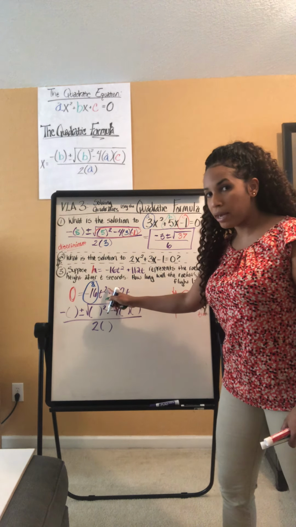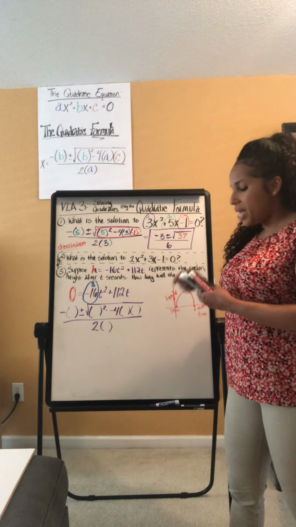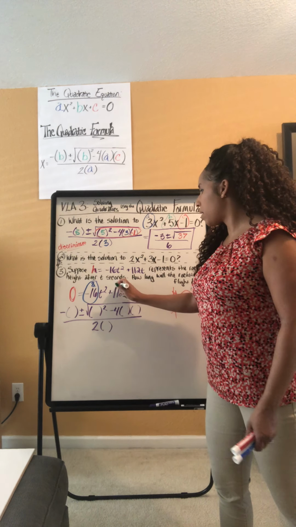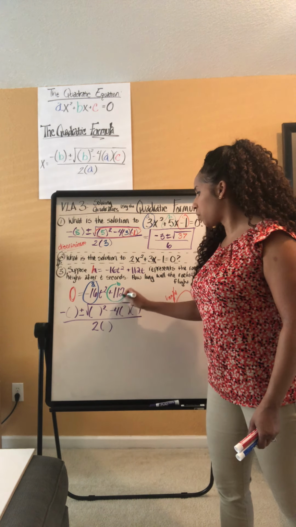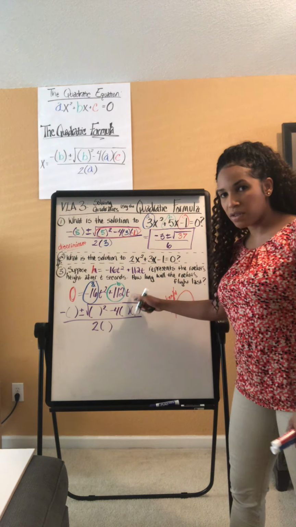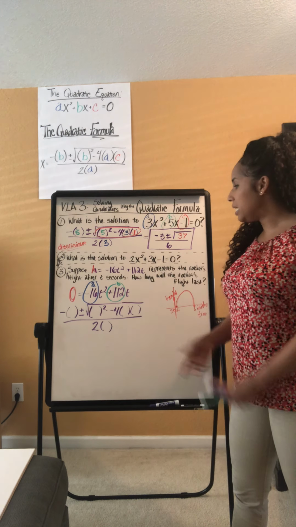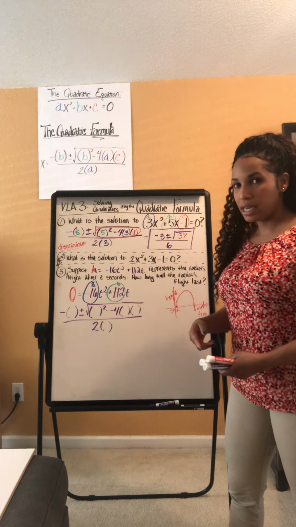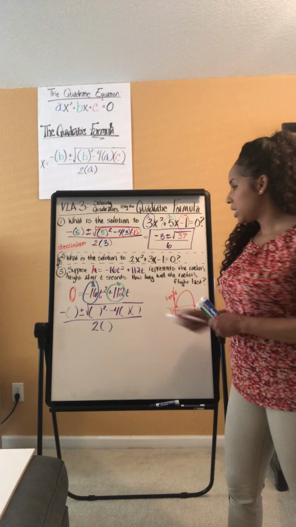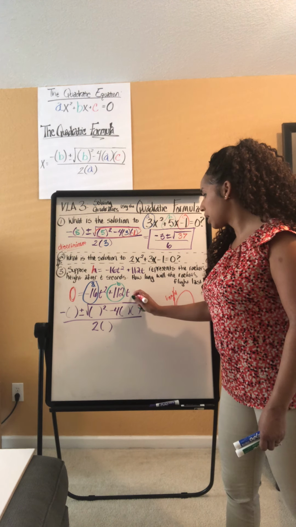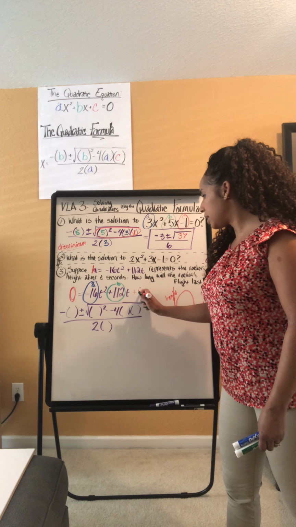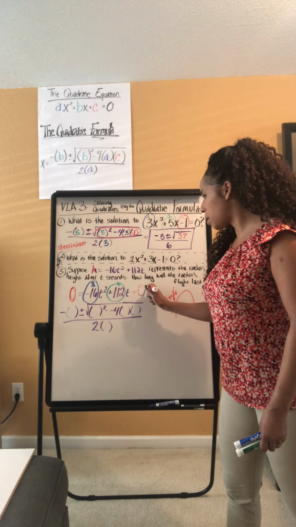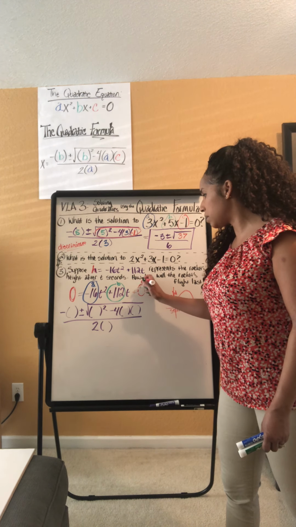Whatever's next to the squared is your a. The b is 112 because it's next to the regular term, just the variable to the first power. My c is supposed to be whatever's at the end, but I don't have anything at the end. And if I don't have anything, then it's like I added a 0. So there's an imaginary 0 here, which is my c.